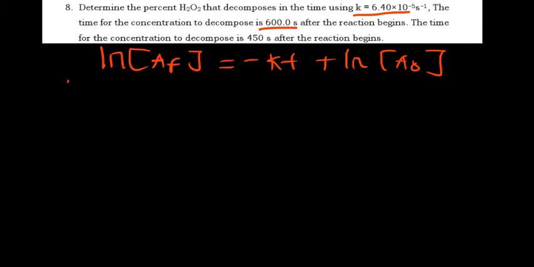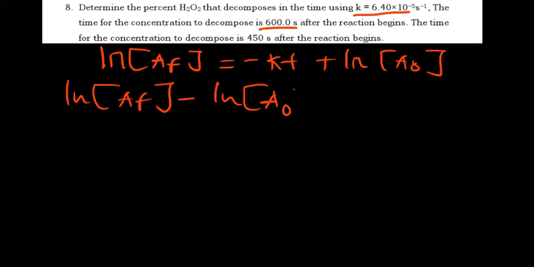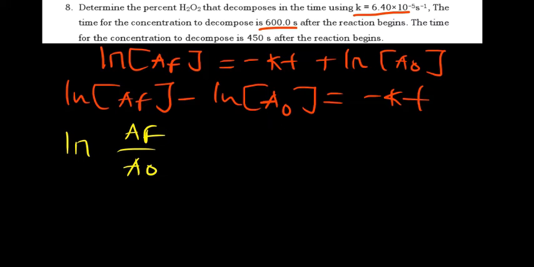Bring the final and the initial to one side to become a minus. When you subtract two logs with the same base, you can combine the log and divide the values. So you end up with the natural log of A final over A initial equal to negative KT.